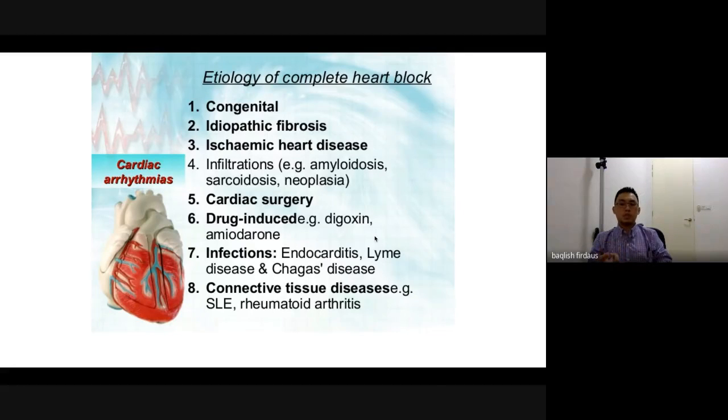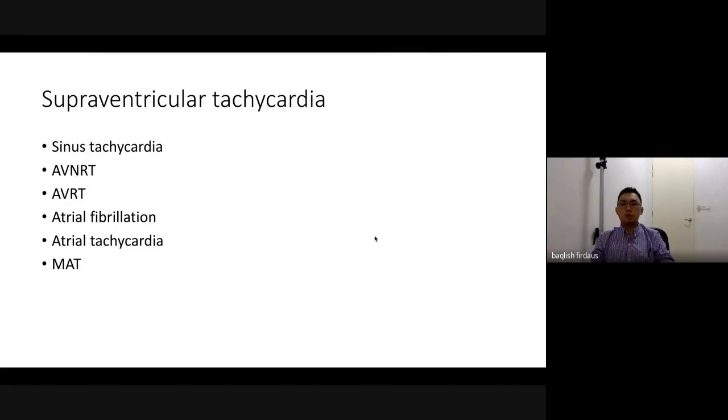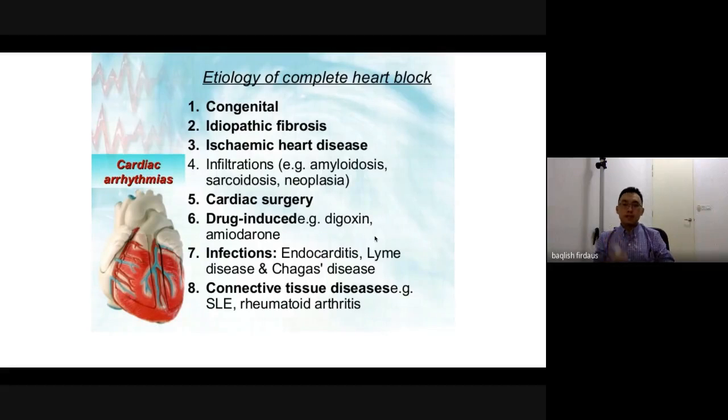Also Lyme disease or Chagas disease, and sometimes patients with SLE or rheumatoid arthritis because of their myocarditis can develop complete heart block. For management, if we think the patient has persistent, irreversible complete heart block, usually we need to insert a permanent pacemaker.